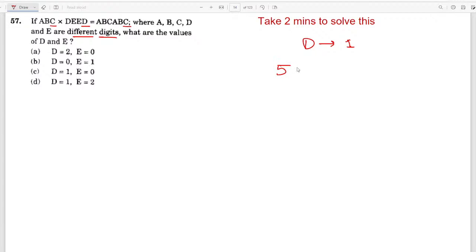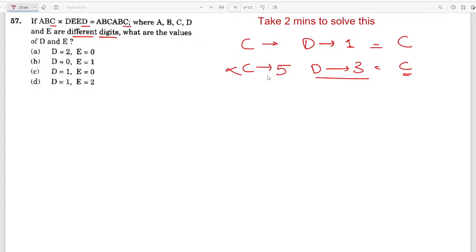If C is any number and D is 1, you would get C. If C is 5 and D is 3, again you would get 5 here, 5 threes are 15, so this would be C. But in the option choices, D equal to 3 is not given. So we can eliminate this.